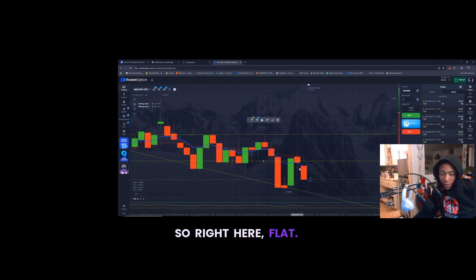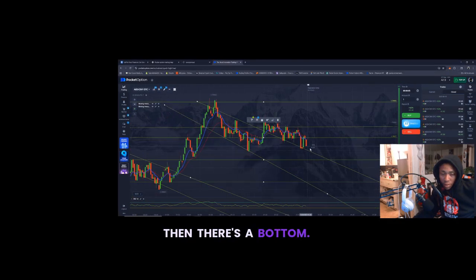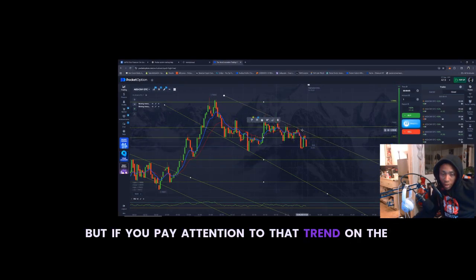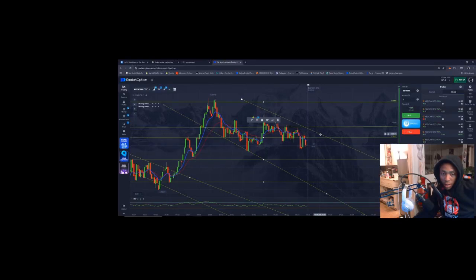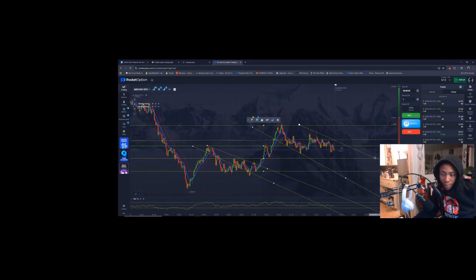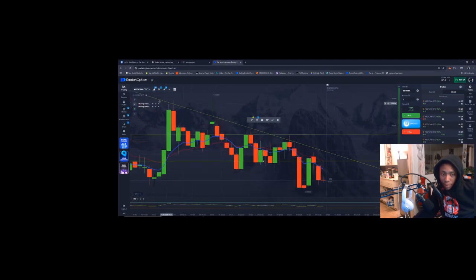So right here, flat, then there's a bottom. But if you pay attention to that trend on the outside, price confirmation here, here, here.